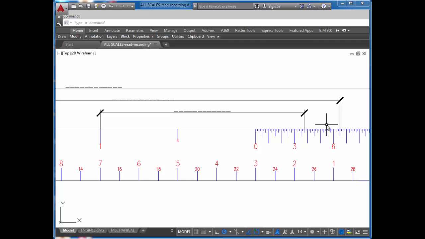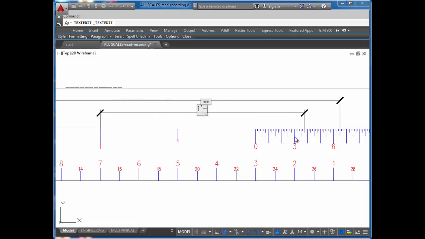With this first dimension, we have to look at which numbers line up with this 0, the 1. So this is representing 1 whole foot, and we can see how many whole inches and fractions of an inch are left over. So let's put in 1 whole foot, dash.